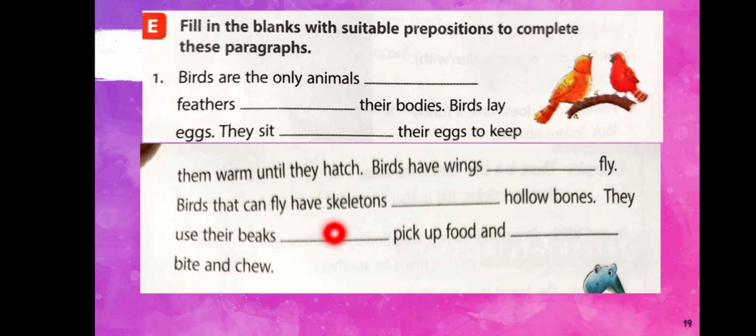Birds that can fly have skeletons with hollow bones. They use their beaks to pick up food and to bite and chew.